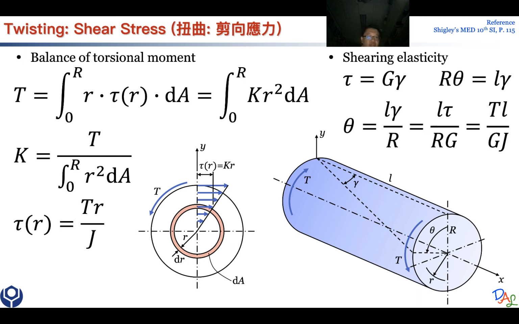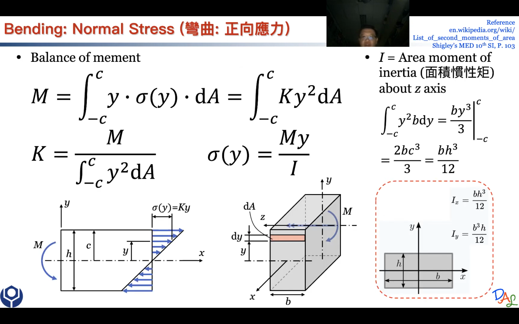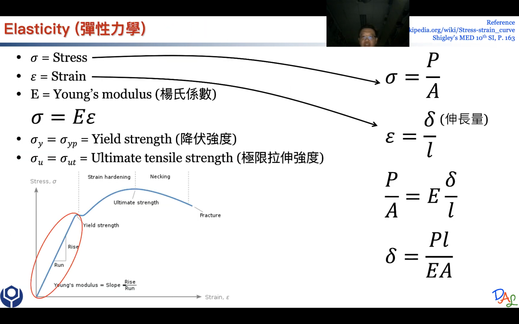Okay, with this we can put it back to the equation on the right hand side. Now we end up with this. So how much deformation you can generate depends on how much torque you have, what's the material property you use, and also some geometrical parameters. Okay, you can compare this with the linear equation right here.